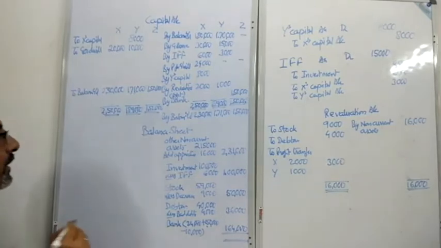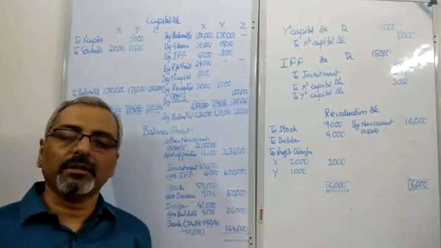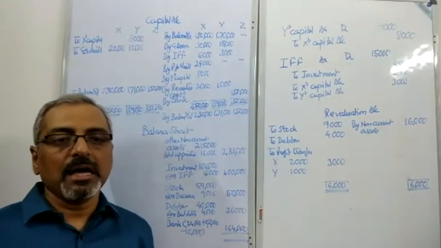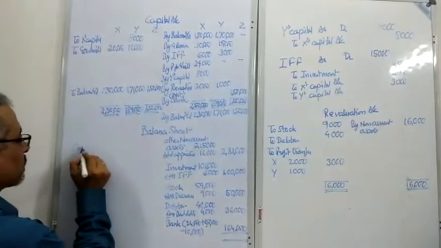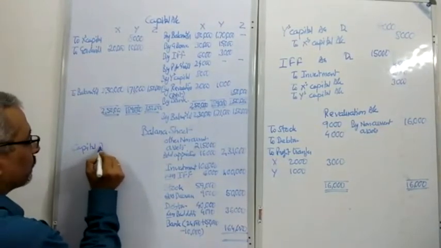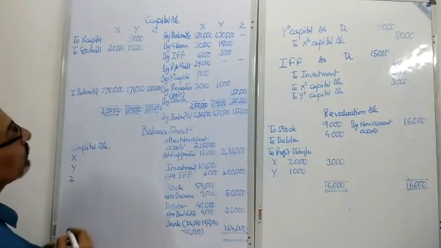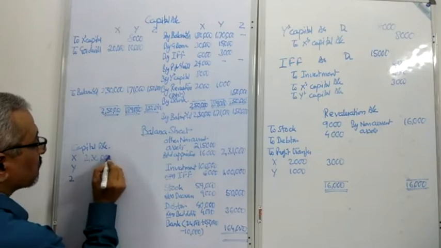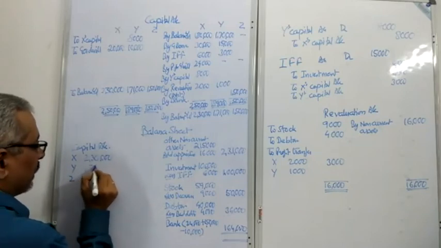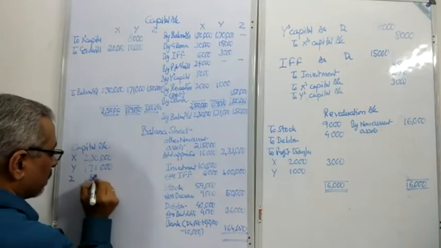Now, what are the items in the liability side of the balance sheet? There is only one item, that is creditors. Apart from that, there is the capital balances. So we'll take the capital balances from the capital account. So the three partners X, Y, and Z, and you can see the capital balances: 2,30,000 first partner, 1,71,000 second partner, and 1,50,000 the third partner.